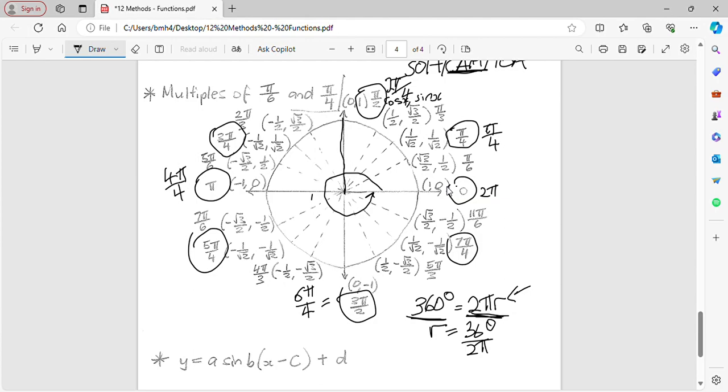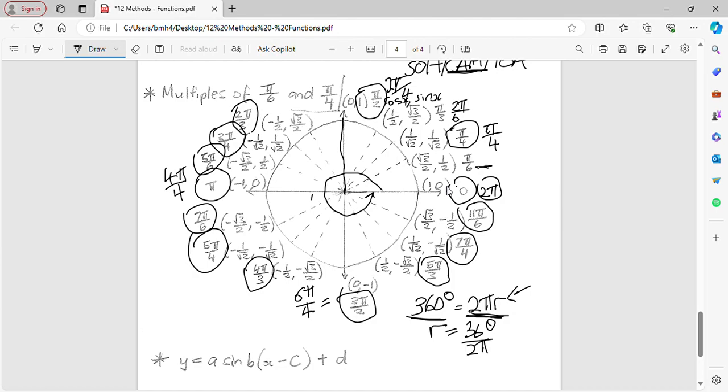And then we've got our multiples of pi on 6. So this is 1 pi on 6, 2 pi on 6, which is pi on 3, 3 pi on 6, which is pi on 2, 4 pi on 6, which is 2 pi on 3, 5 pi on 6, 6 pi on 6, which is pi, 7 pi on 6, 8 pi on 6, which is 4 pi on 3, 9 pi on 6, which is 3 pi over 2, 10 pi on 6, which is 5 pi on 3, 11 pi on 6, and then 12 pi on 6, which is 2 pi again.